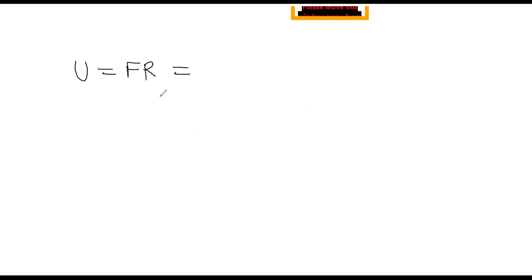So Fr is m into (n square h square F square upon 4 pi square m raised to 4) raised to 1 by 3.